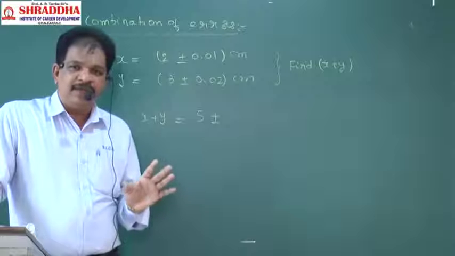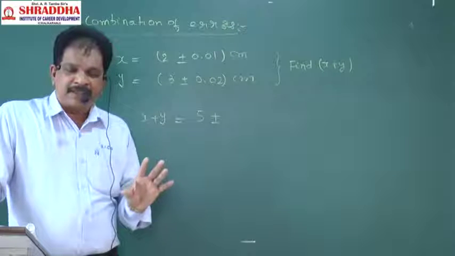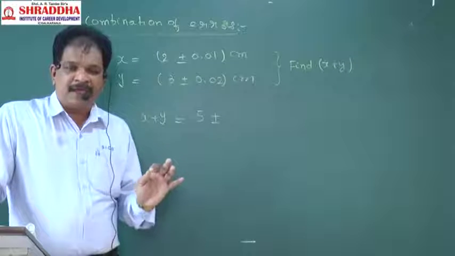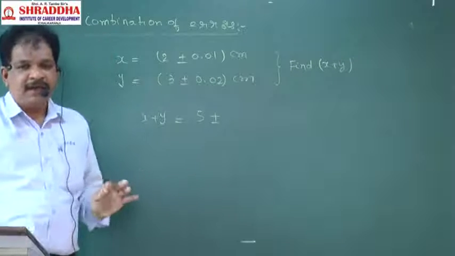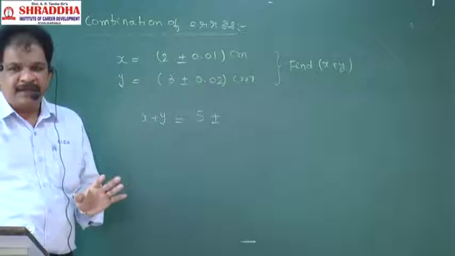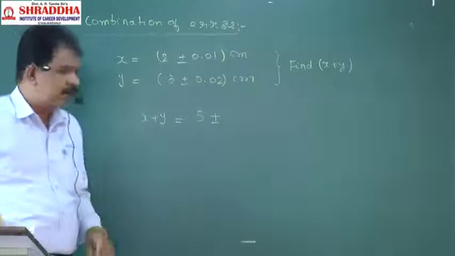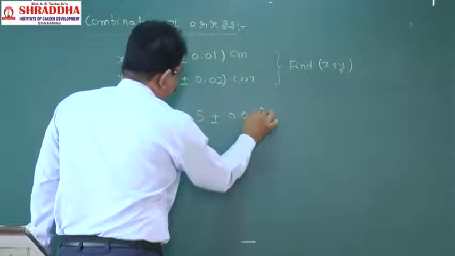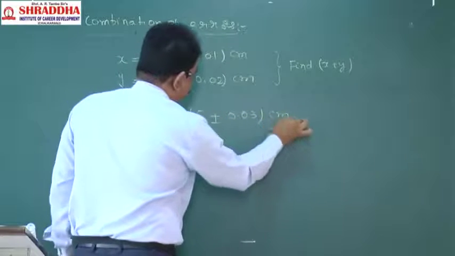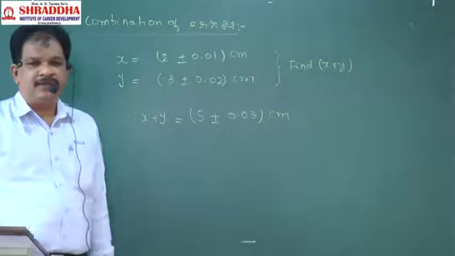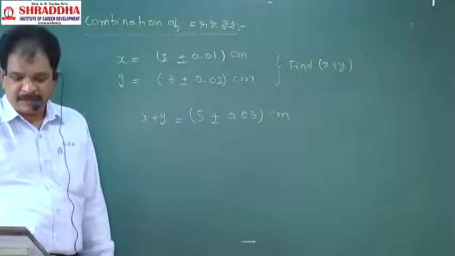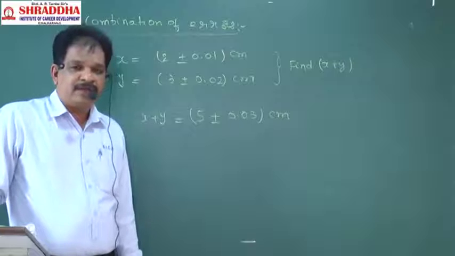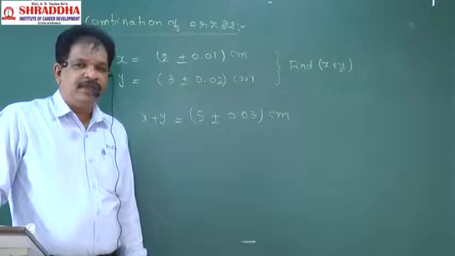Errors will be added to get the maximum possible error. They will ask what is the maximum possible error. In that condition you have to add the errors. 0.01 plus 0.02 will be 0.03 centimeter. Clear? So like this you do the combination of errors in addition.